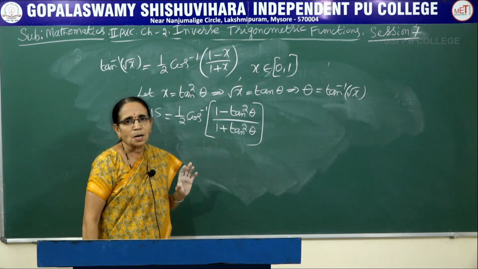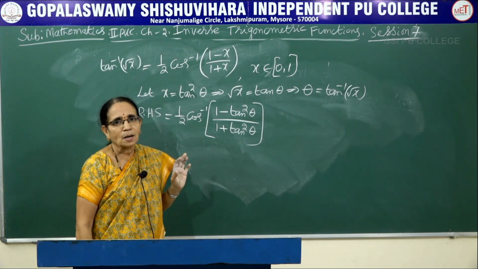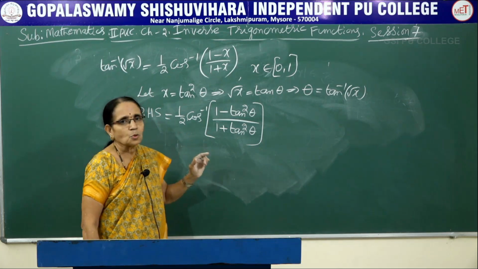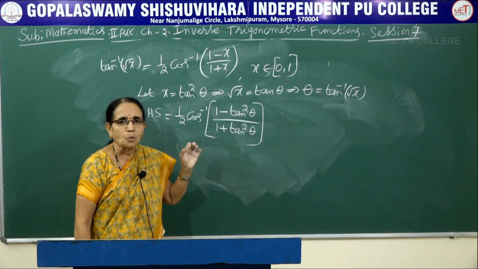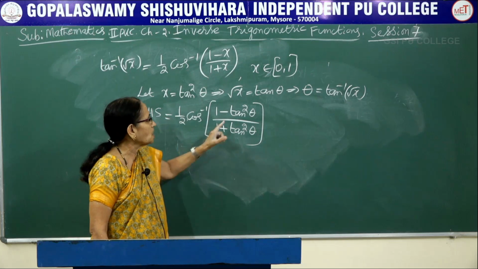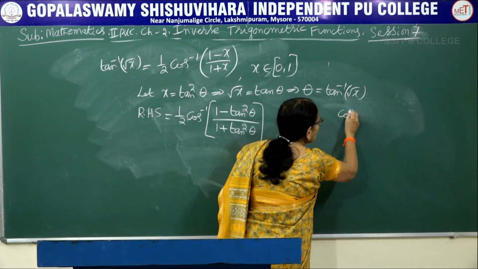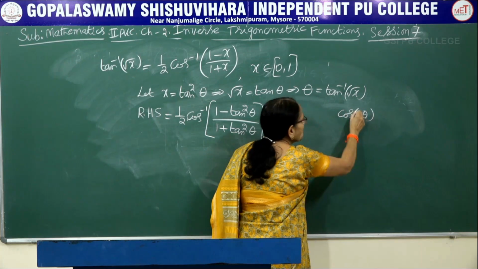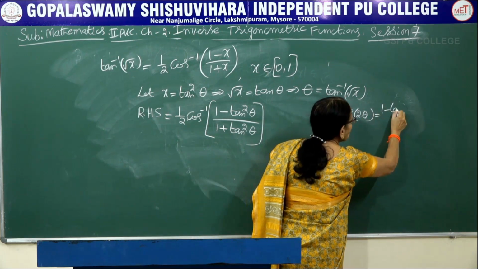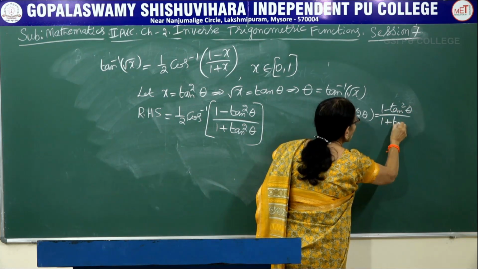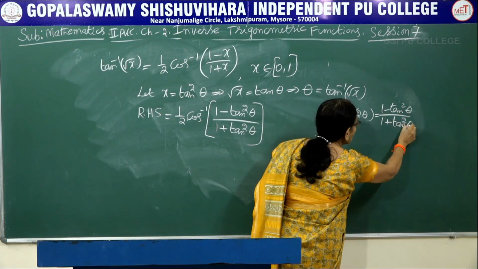In first year PUC we have learnt about the multiple angles, cos 2 theta, sin 2 theta, etc. Both sin 2 theta and cos 2 theta can be expressed in terms of tan theta. We know this result already: cos of 2 theta is equal to (1 minus tan square theta) divided by (1 plus tan square theta).